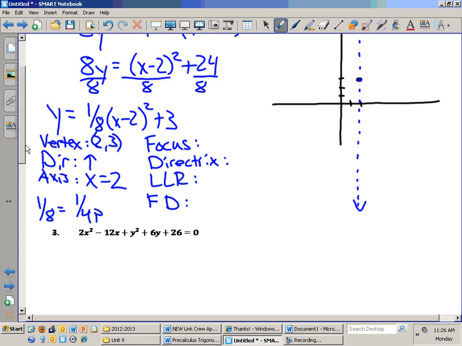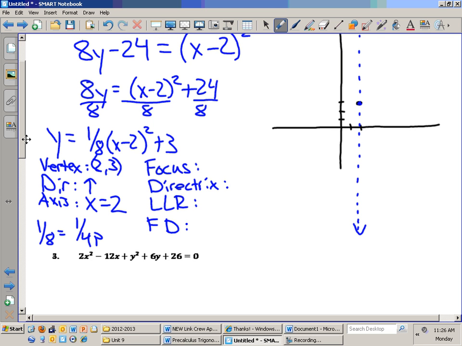So that means that the focus sits 2 units away from the vertex. So I'm going to plot my focus. 2 units away. What is that coordinate then for that focus? Yep, 2, 5. The directrix will be where from there? 2 units down. So the directrix is a line that passes through there. What's the equation for that line? y equals 1.